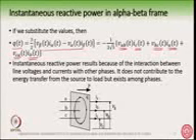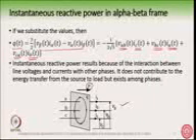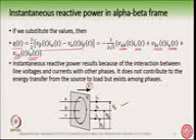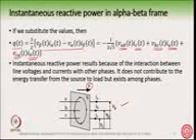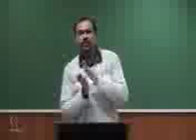If you take a three-phase system, as you can see in this diagram, the instantaneous active power is flowing from the source to the load. But this instantaneous reactive power exists because of the interaction of the line voltages with the line current in the other phase.